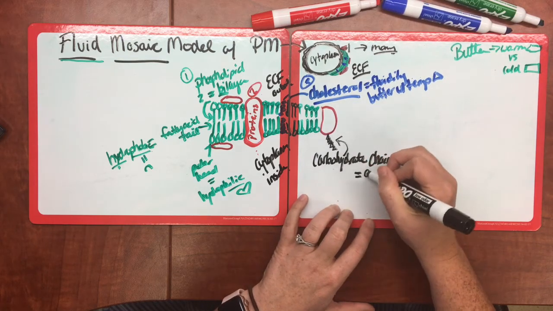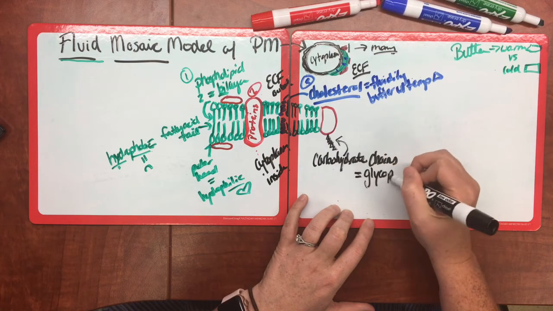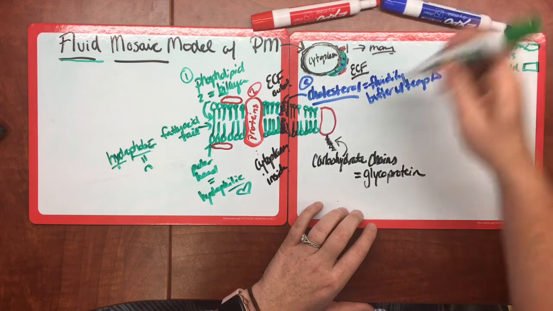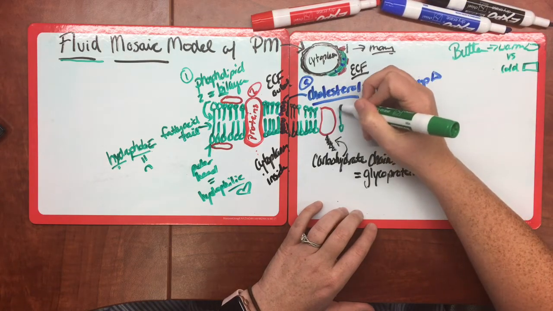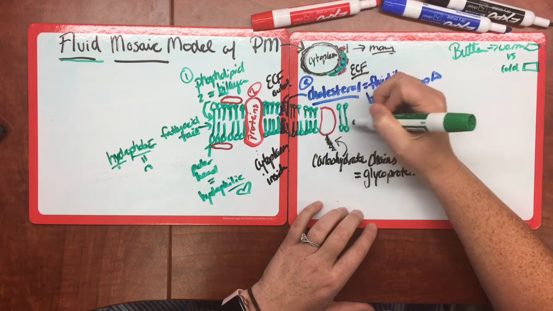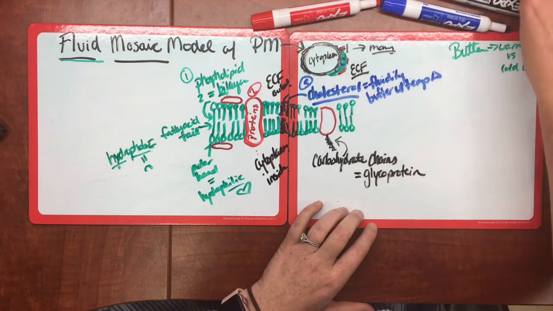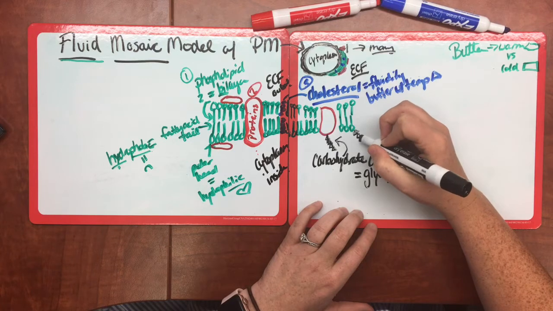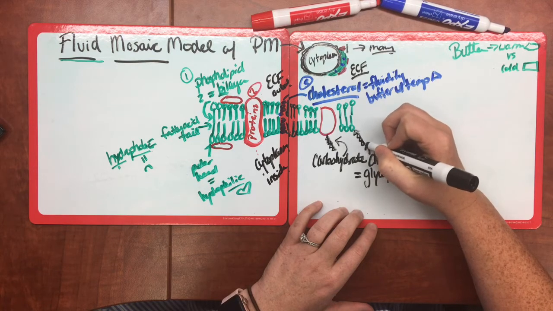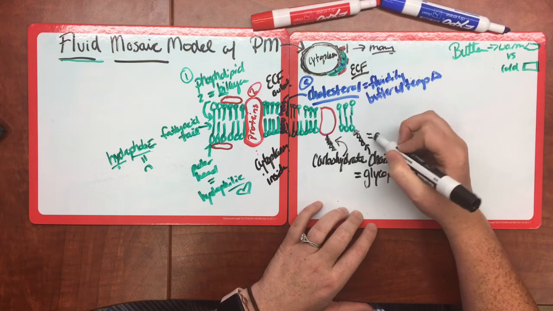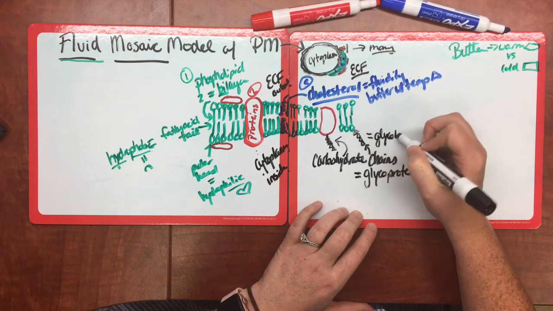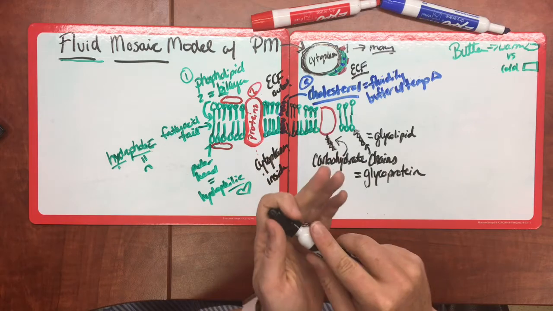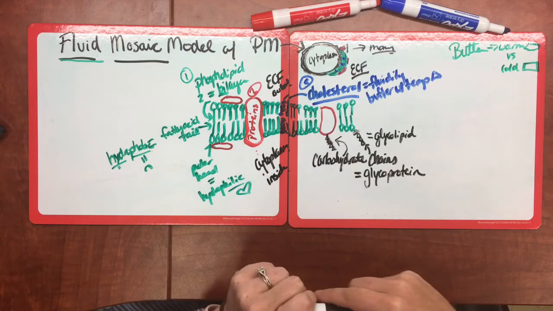Remember sugar, so that's a glycoprotein. Or the other option for the carbohydrate chain would be to attach it to a lipid, which would then be called a glycolipid. So those are some other things that we could attach to the membrane.